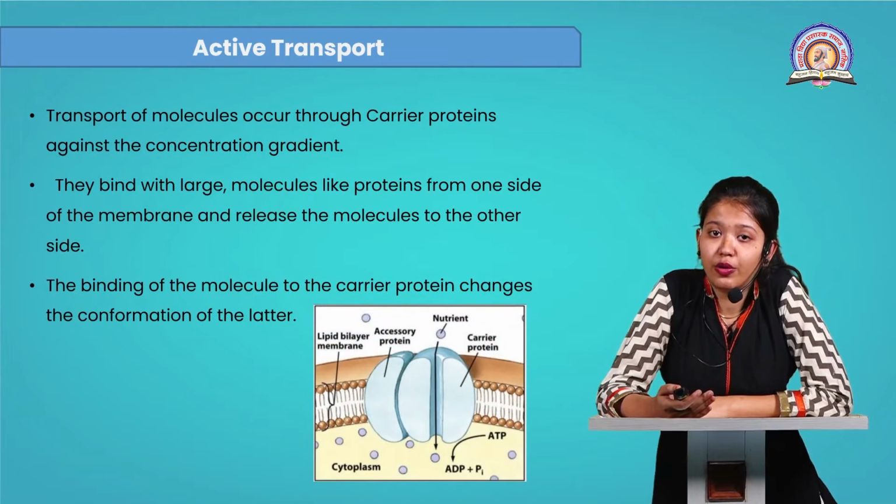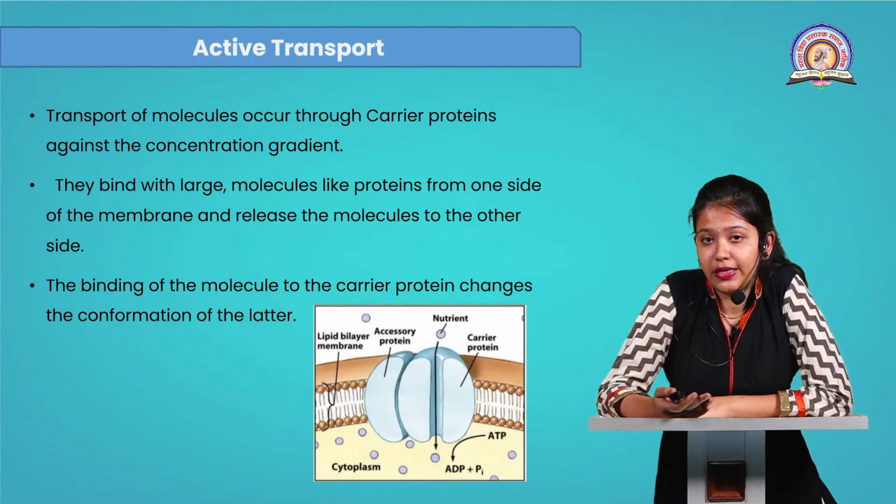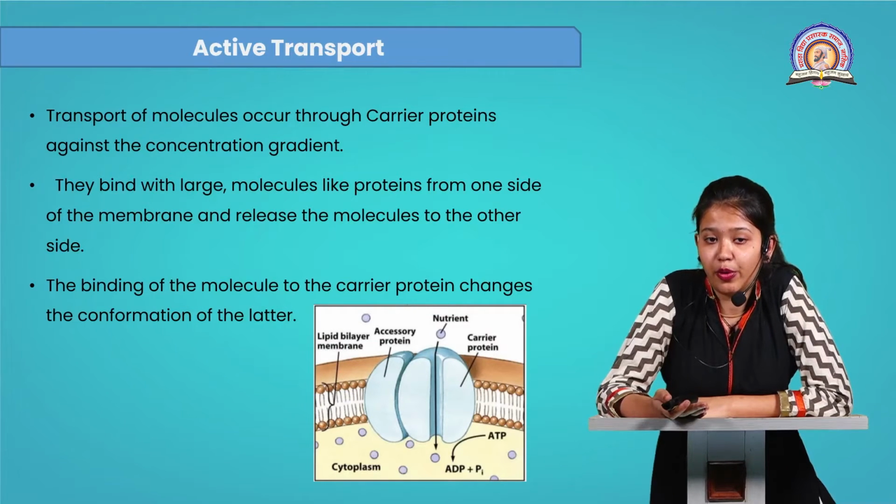Transport of molecules in this type of system is mainly through carrier proteins. They carry molecules against the concentration gradient. These carrier proteins bind to large molecules like proteins from one side of the membrane and release them to the other side.